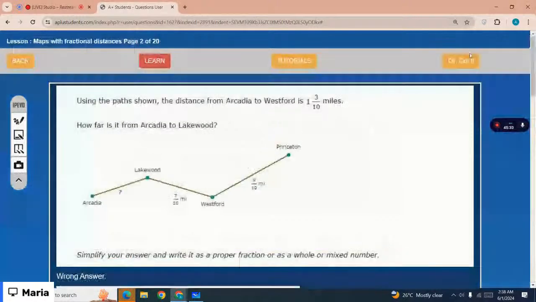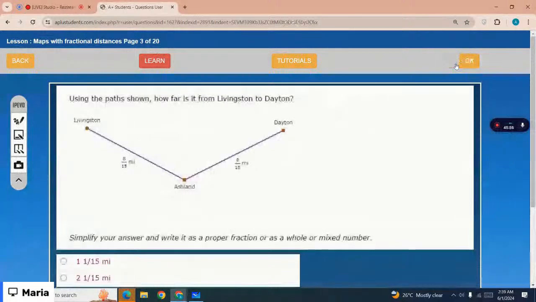Okay, the next one is using the path shown. Using the path, how far is Livingston to Dayton?